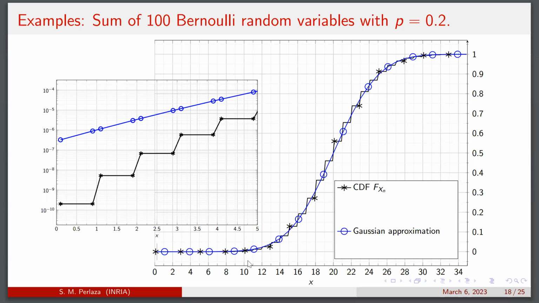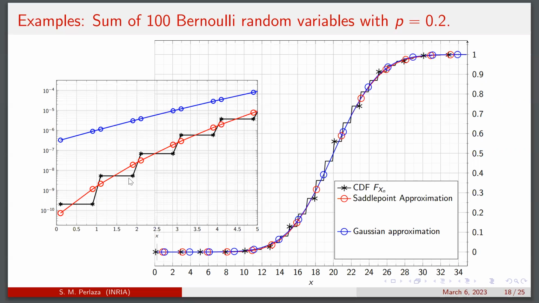If we go to the precision that Jean-Marie was talking about concerning 10 to the power minus 9, we see indeed that the Gaussian approximation doesn't provide us such error for us to talk about this type of reliabilities.